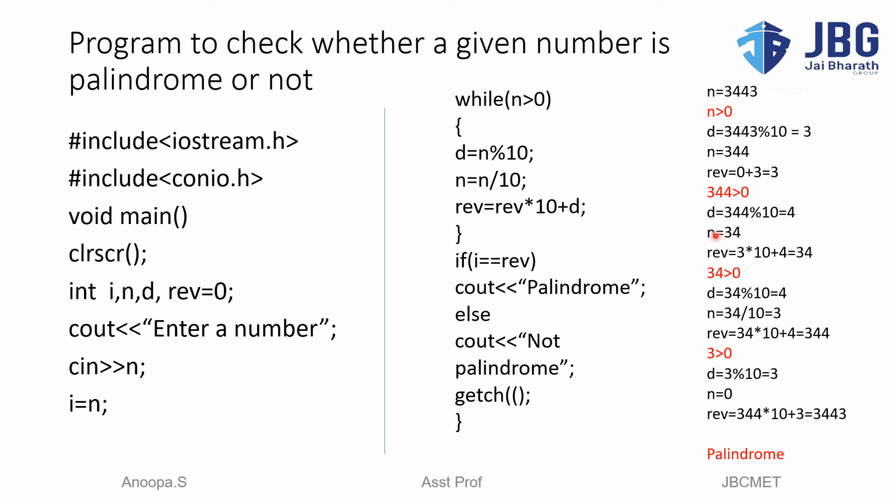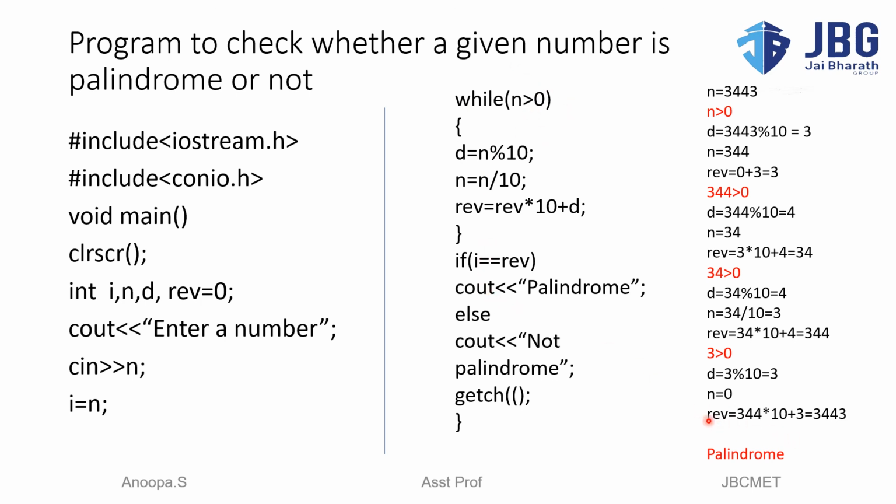Okay, then again 34 is our n, greater than 0. Again find d as 4, n as 3, and reverse as 344. Again 3 is greater than 0, so d is equal to 3, n equal to 0, reverse equal to 3443. So n now became 0, we will exit from this loop.